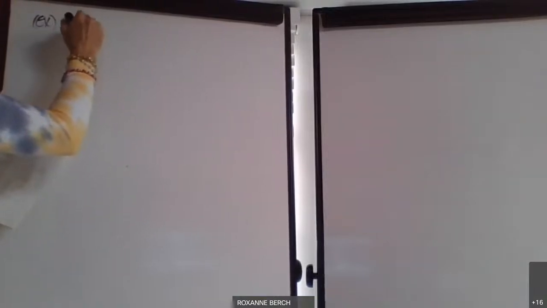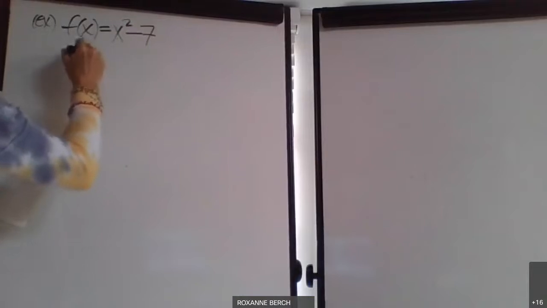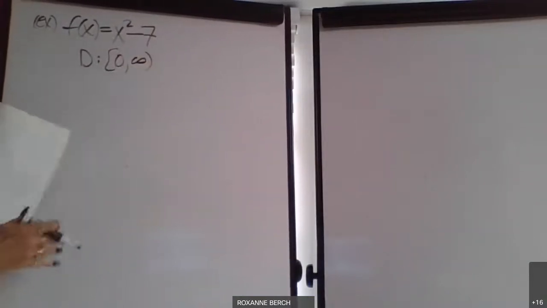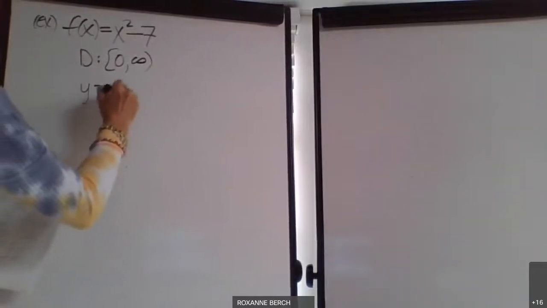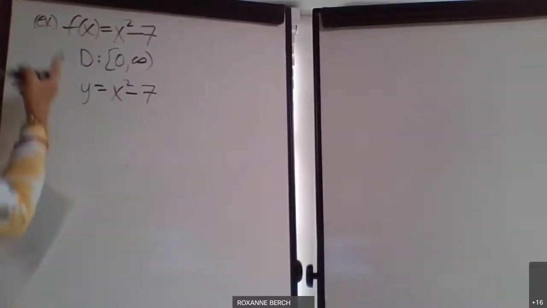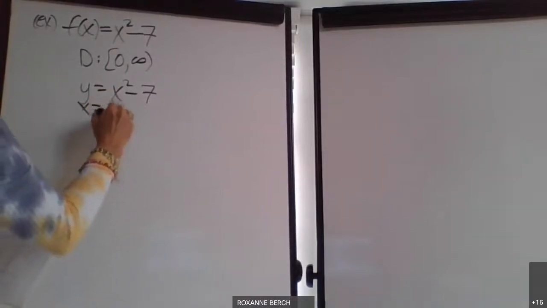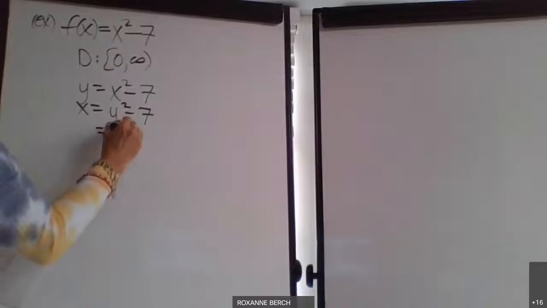Do the same thing. This is the quadratic shifted down 7. We're going to restrict the domain. We're going to find the inverse by changing f of x to y, switch x and y. Solve for y, add 7, add 7.